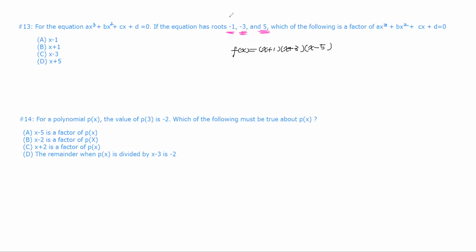So for these polynomials, the highest power is x cubed. This one is really the same as here, because they don't have any duplicate roots, and the power is 3 here and 3 here.